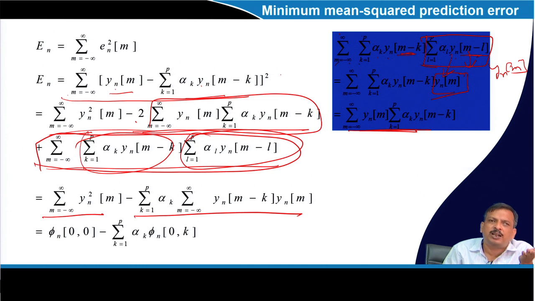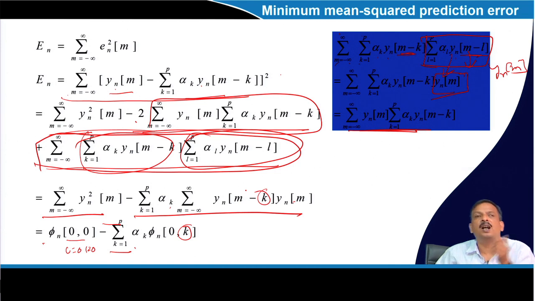Now if I want to express it in terms of φ, it is φn(0,0) minus the sum over k equal to 1 to p of αk φn(0,k). That is the minimum mean square prediction error.